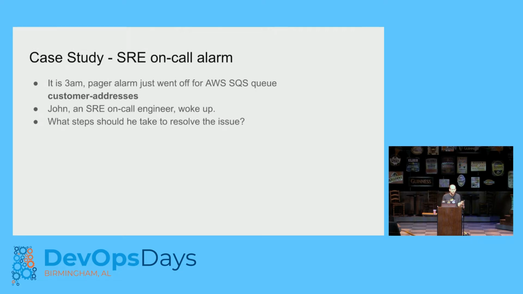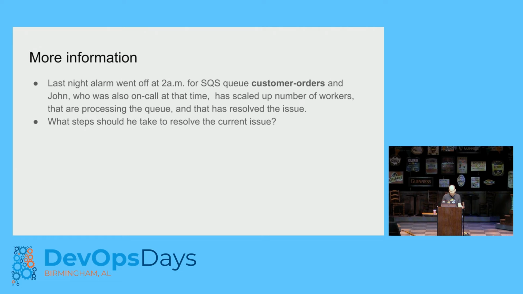Of course, I don't give you enough information yet, so let me give you a little bit more. Last night, an alarm went off at 2 a.m. for another SQS queue, customer orders. And John, who was also on call at the time, scaled up the number of workers, and that resolved the issue. Now, given that information, what steps do you think he's supposed to take?